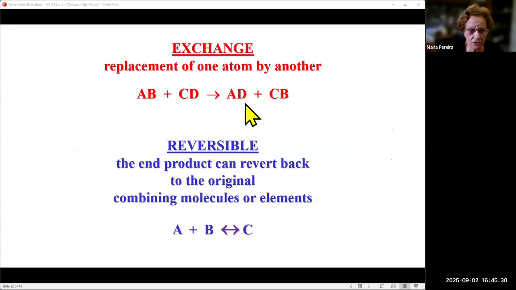Other types of reactions are exchange reactions. That means that one atom is replaced by another to form a new molecule. Sometimes they are reversible, and this occurs in our body all the time, where you have two components to form a different compound, and this goes back and forth until there's an equilibrium.